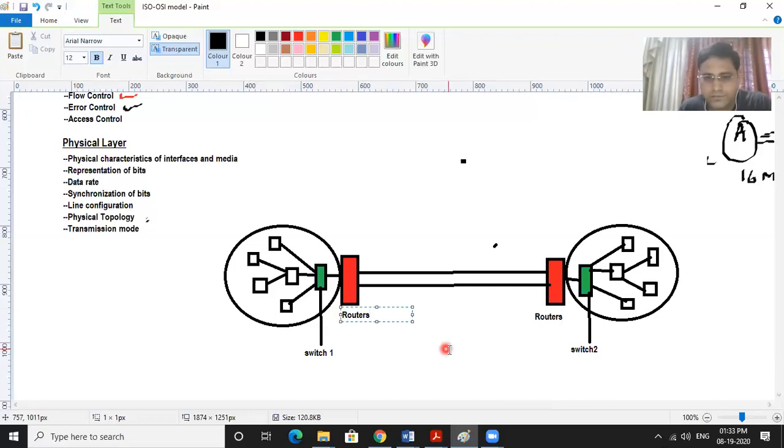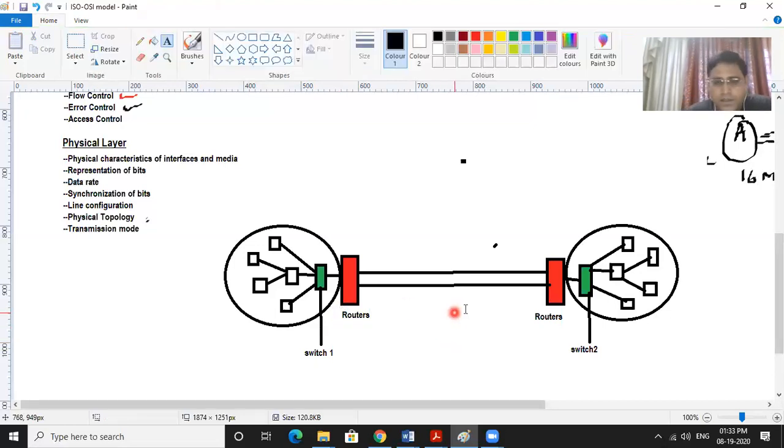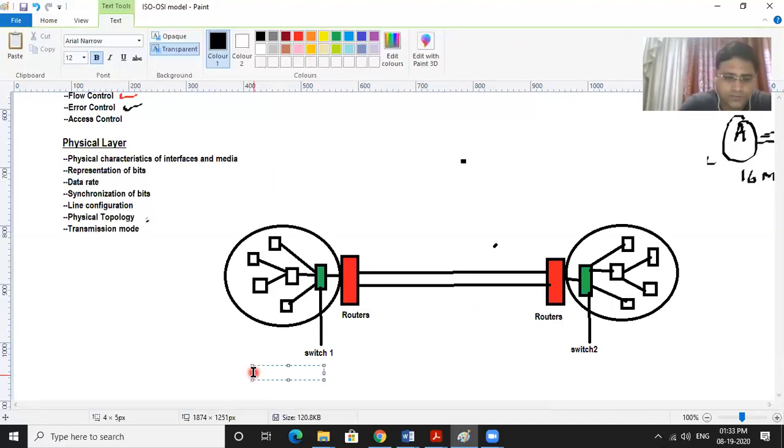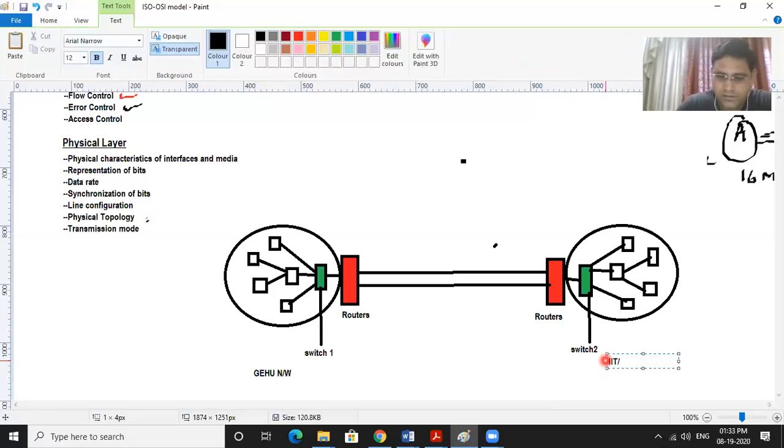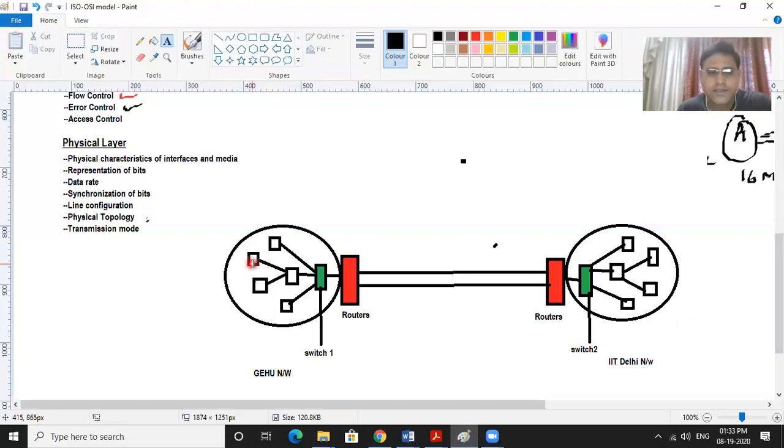Now what will happen? As we have discussed, let us suppose this is our GEHU network, and this is our IIT Delhi network. And these are the end nodes, meaning these are the systems.